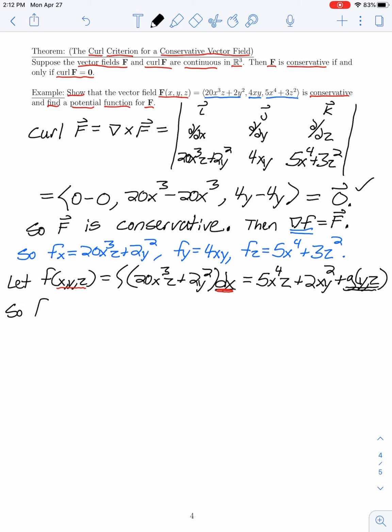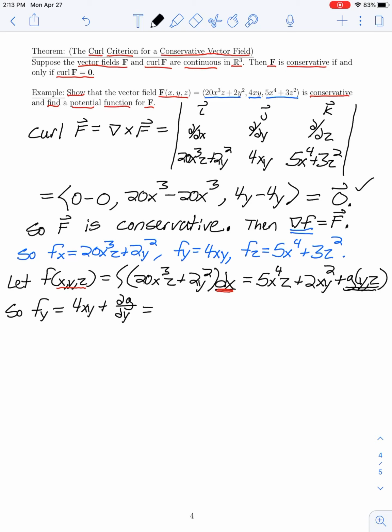So if we were to differentiate this with respect to y, here we have a 2x times y squared, so with respect to y we have 4xy plus the partial derivative of g with respect to y.